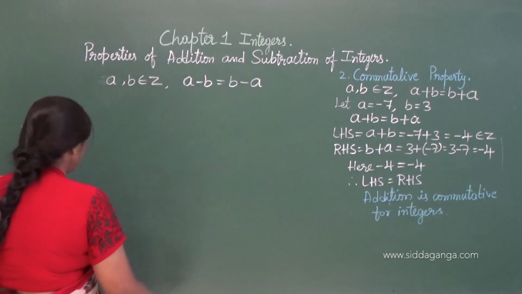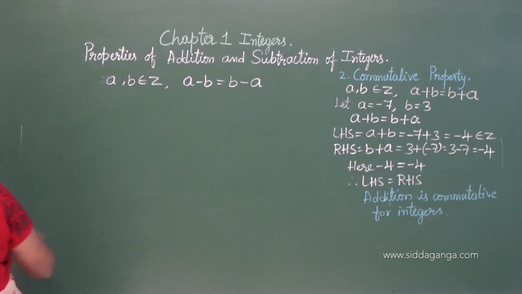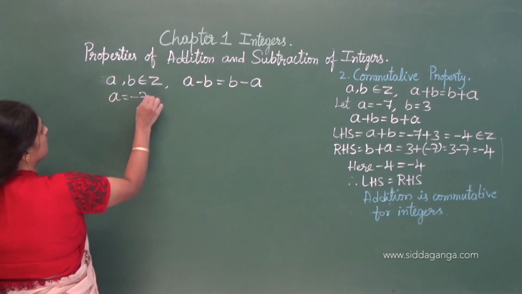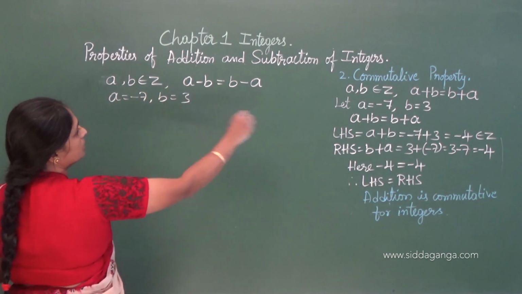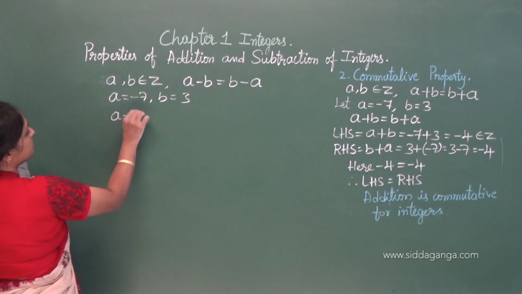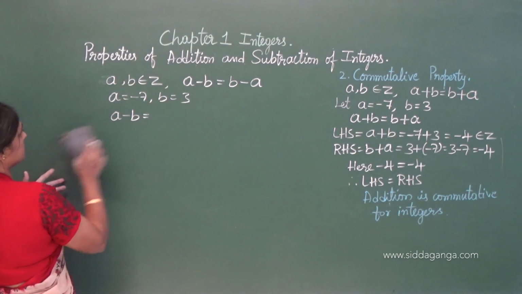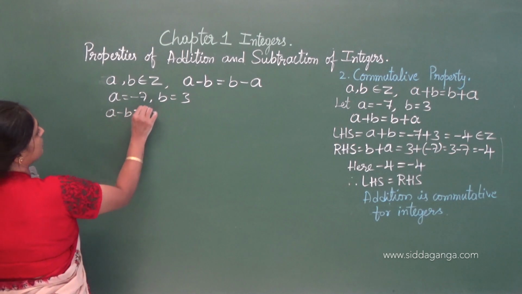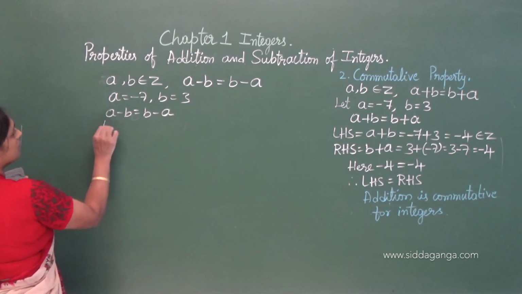Let's take a is equal to minus 7 and b is equal to 3. So a minus b is equal to b minus a.